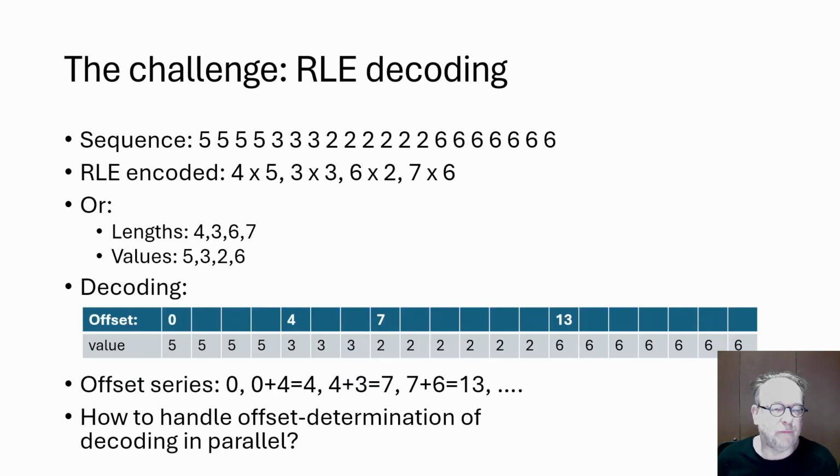Now, what is all the fuss about, right? What an RLE decoding must do is reconstruct the original sequence. This is a sequence, and what we get in is this compressed format. So what the RLE decoding needs to do is explode this to 4 5s, explode this to 3 3s, etc. Now, all this is based on a series of lengths, 4, 3, 6, 7, and a series of values.